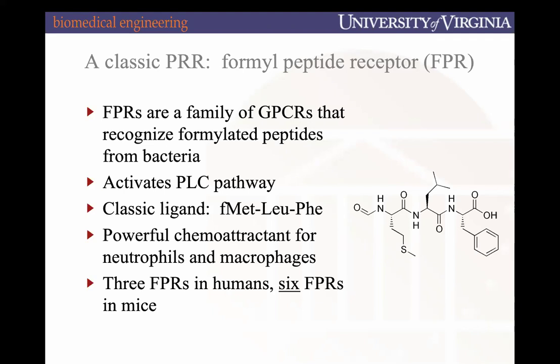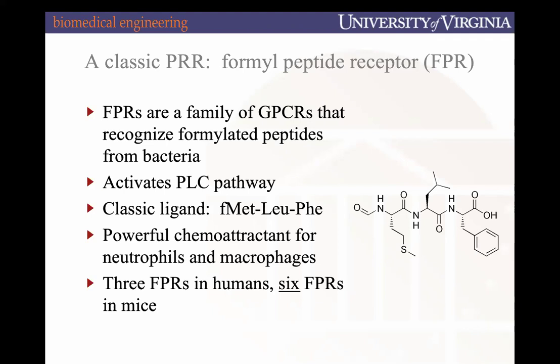So it is a unique way our innate immune cells can distinguish self from some sort of foreign pathogen. The activation of these formyl peptide receptors, FPRs, is really great at promoting chemotaxis in neutrophils and macrophages.